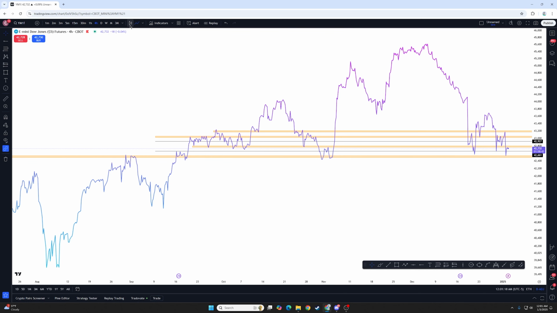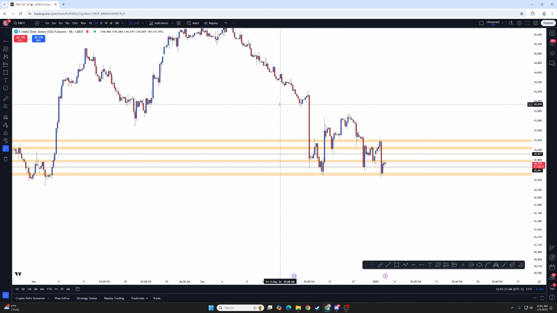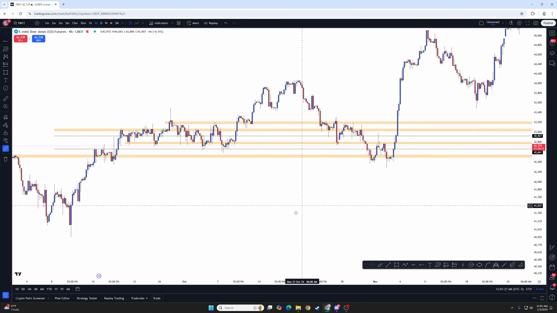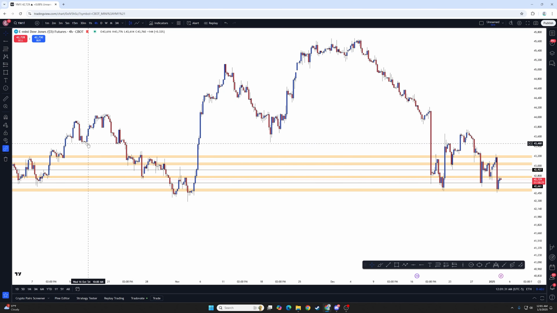Now that I'm done with that, that's all I need on my chart. I don't need to chart all the way up here, because what's the probability of price getting there this week? It could potentially happen, but we're all the way down here.